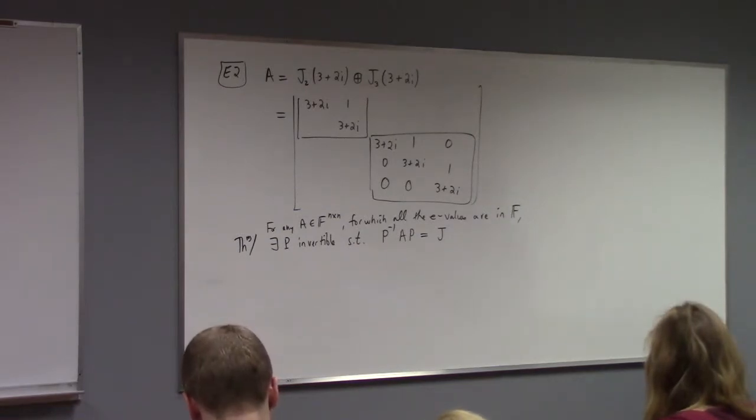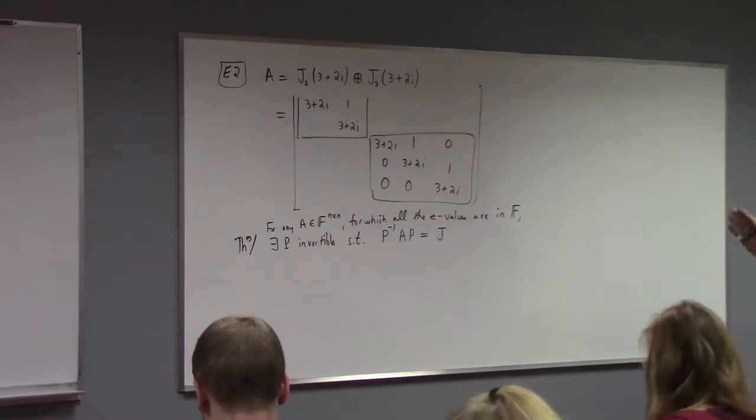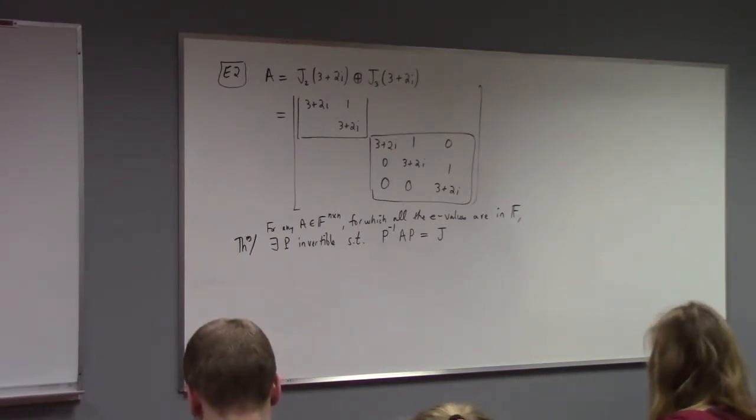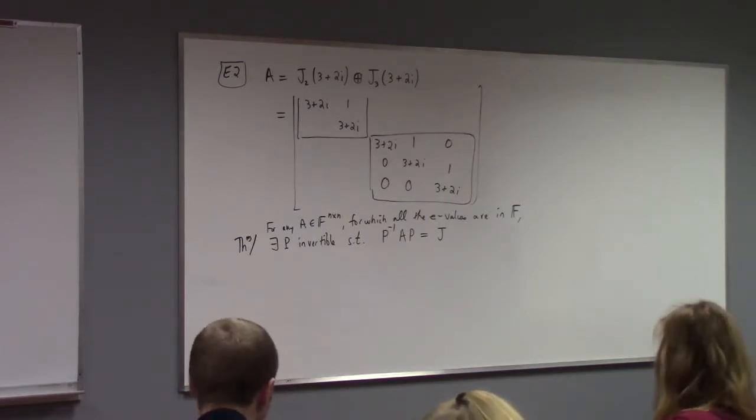If that's the case, then there exists an invertible matrix P such that P inverse AP is equal to J, where J is a so-called Jordan form, which means it is the direct sum of Jordan blocks.